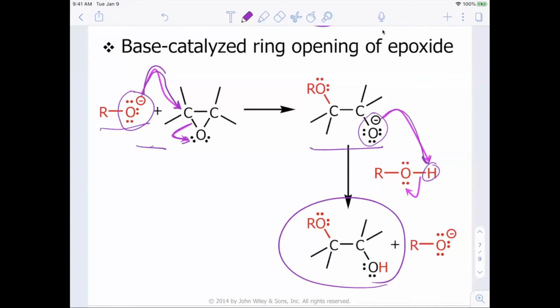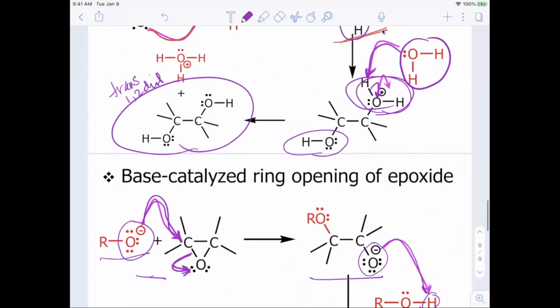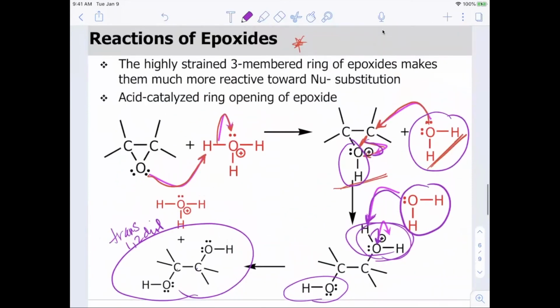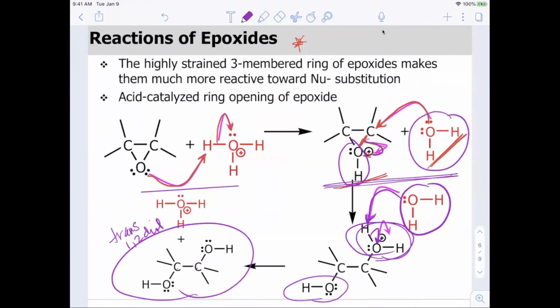Here, this first arrow is nucleophilic attack, and the second arrow is loss of a leaving group. And then the third is proton transfer. So if I compare and contrast real quick and look at the acid catalyzed, we have a proton transfer. Then we have attack of the nucleophile, loss of a leaving group here. Then we have an additional proton transfer.